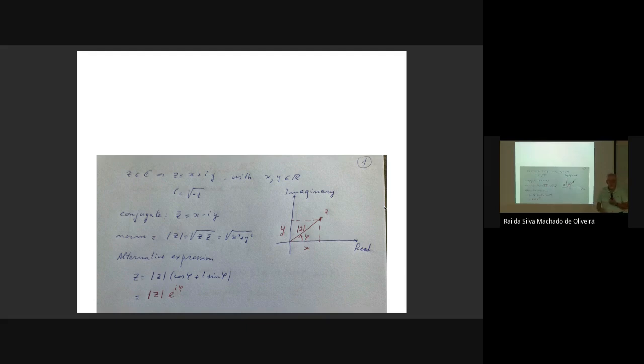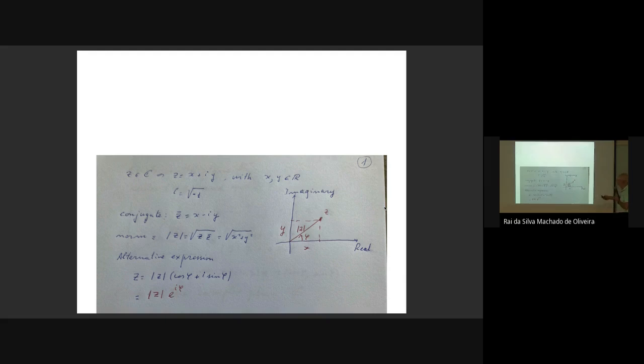So exactly the same as if we were in the R2 plane. If we have one point here, z, we can define the horizontal axis as the real part and the vertical axis as the imaginary part. Taking that into account, we can handle complex numbers as if they were points of R2.